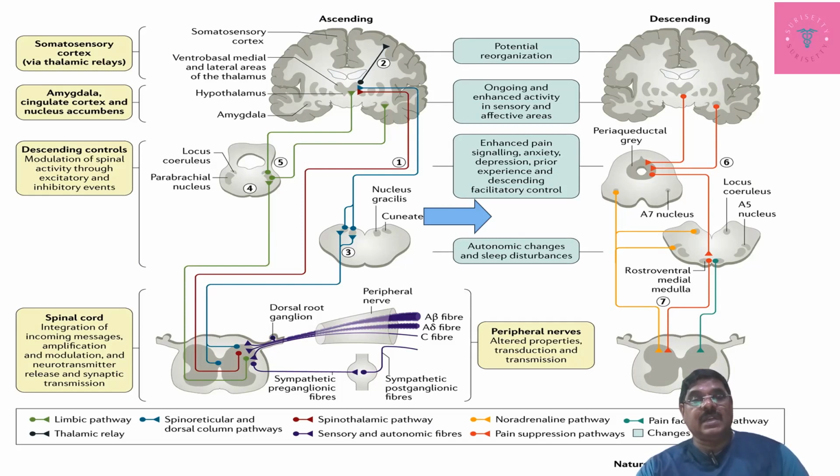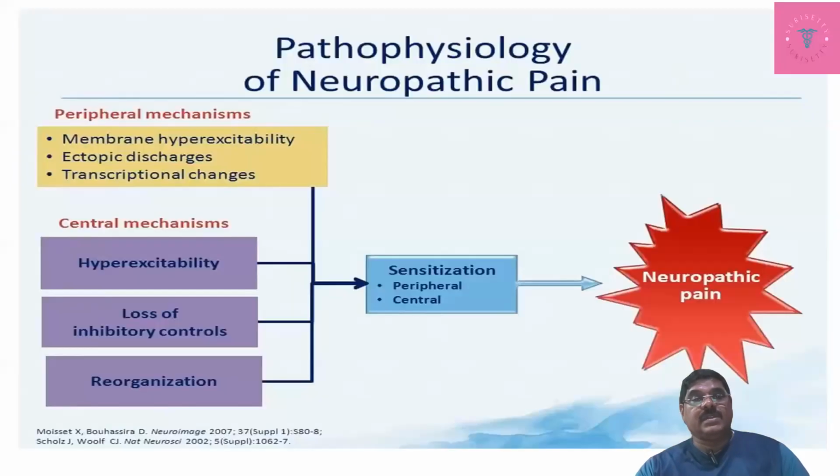So this is both central and peripheral sensitization. Finally, the patient will go into sleep disturbances and mood changes along with some cortical reorganization. So the final pathophysiology is two things: one is peripheral sensitization, the second is central sensitization. Peripheral sensitization is membrane hyperexcitability due to the increase in sodium ions, which causes ectopic discharges as the resting membrane potential approaches the threshold potential, along with transcriptional changes.